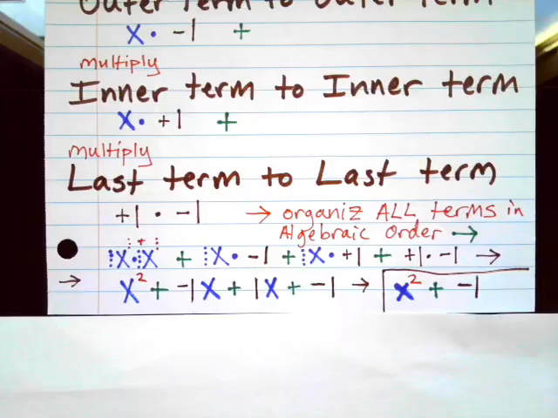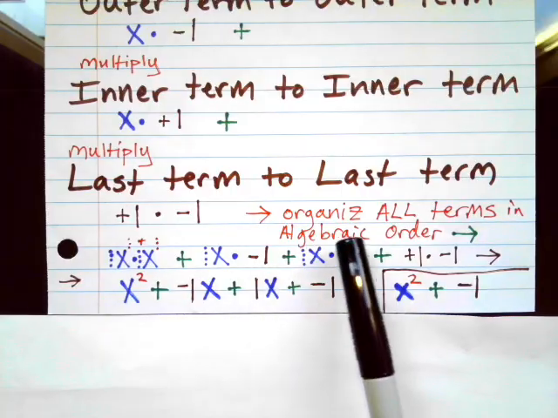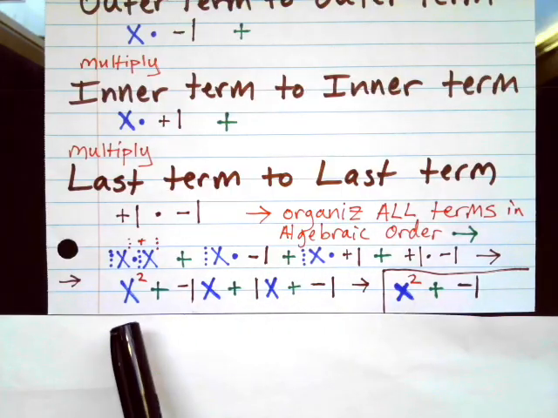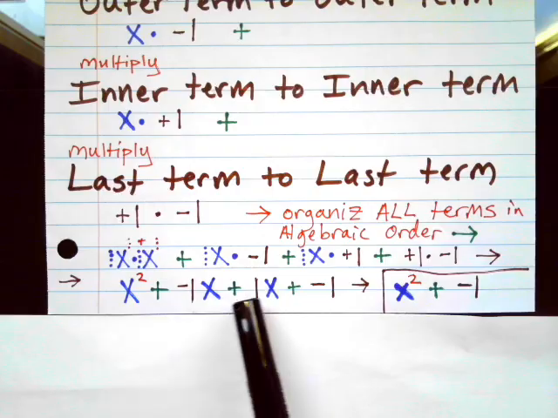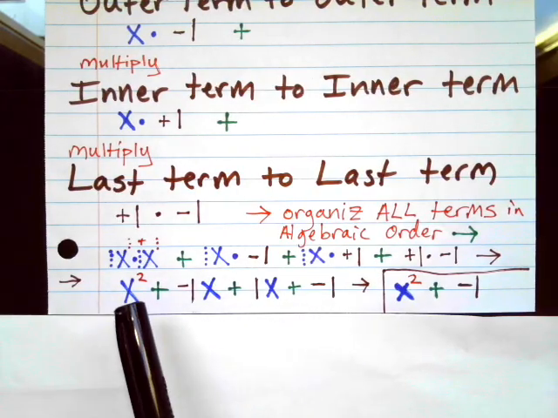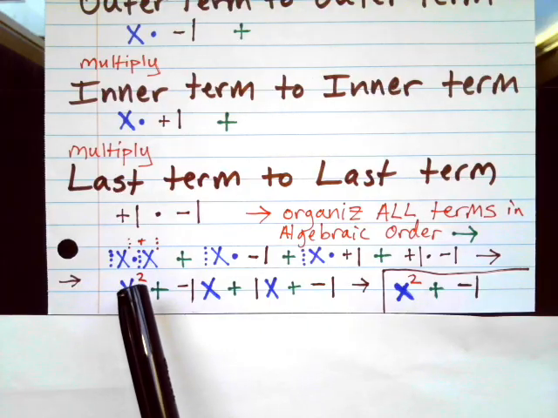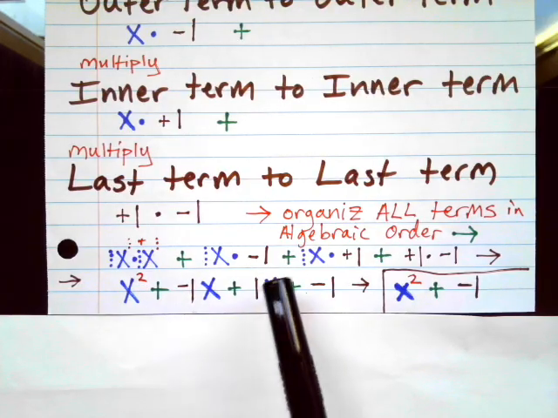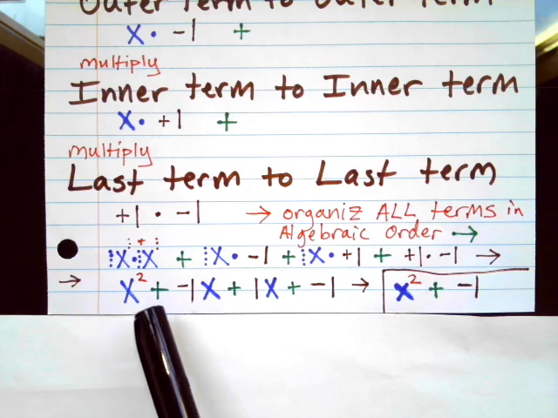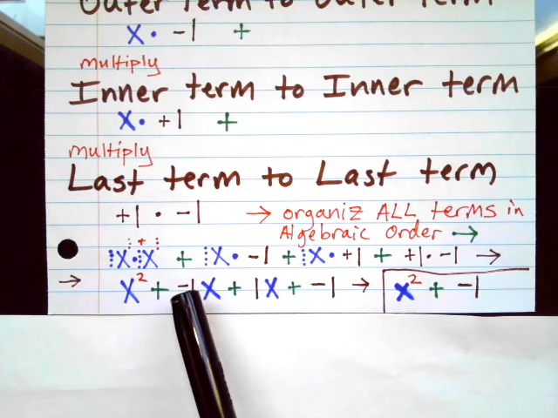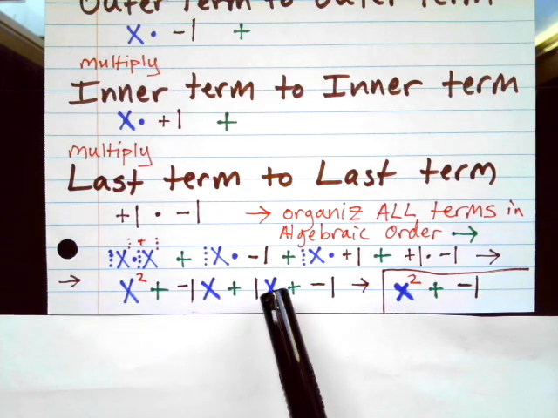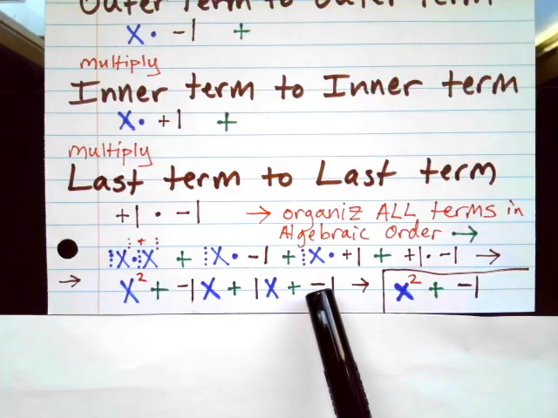Now, lastly, you're going to combine like terms, right? Like terms. So we want to write these guys in algebraic order. That means alphabetical order, which is okay. We only have one letter here, that's x. And then it goes in exponential order. The power of 2 before the power of 1, and so on and so forth. So we have x squared plus a negative 1x, plus a positive 1x, plus a negative 1.